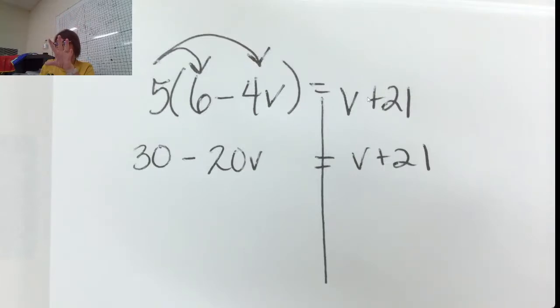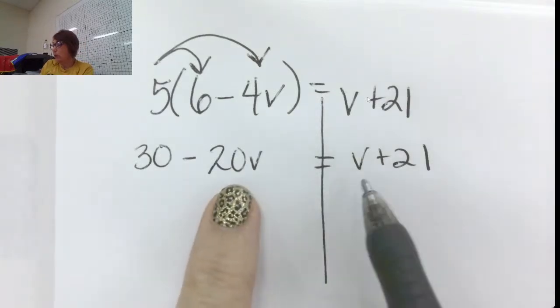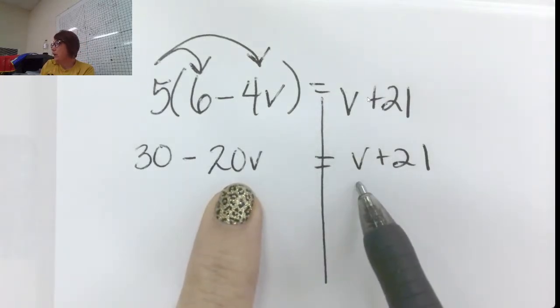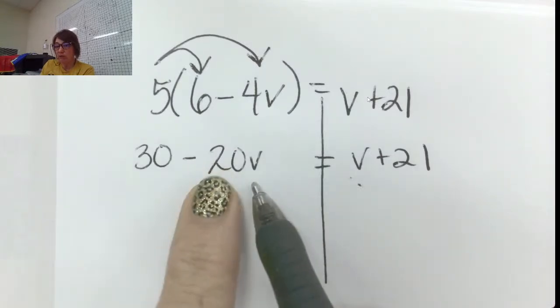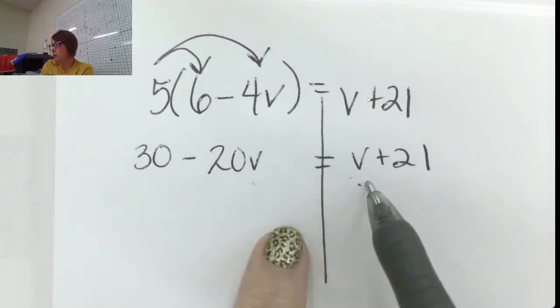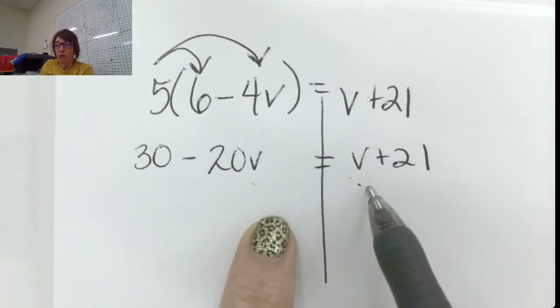It doesn't make any difference. But I strongly suggest that you get your variables together first. You guys make fewer mistakes when you get your variables together before you start moving numbers. So we need to move either this 20V or this V. One of the two. It doesn't matter which one, but we got to move one of them. Which one would you pick?